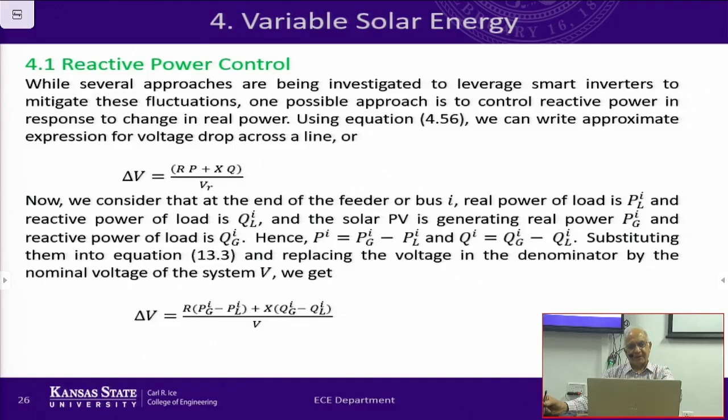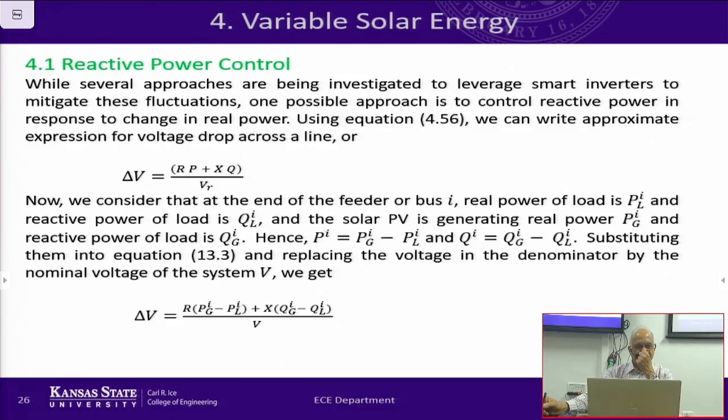These slides don't show all the details, but the approach I'm talking about is based on one of the control mechanisms suggested by 1547. So what we are trying to do is minimize the voltage fluctuations.